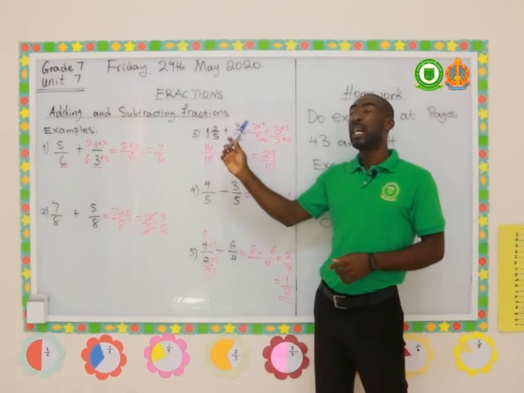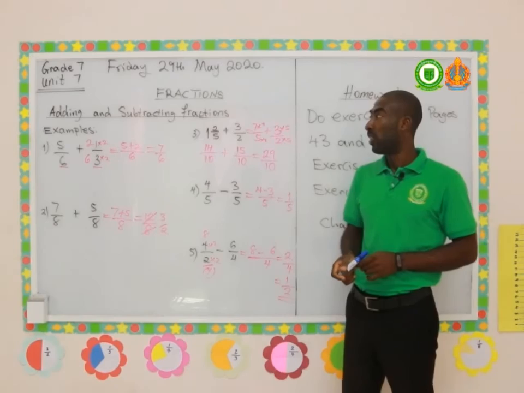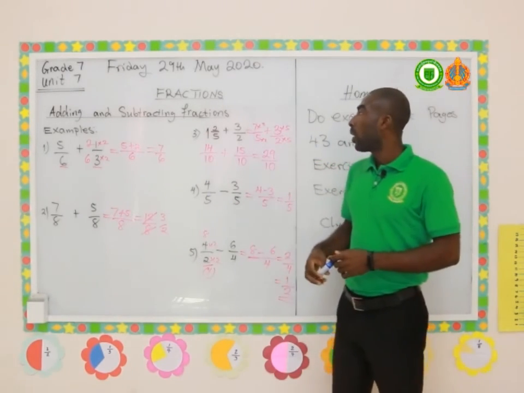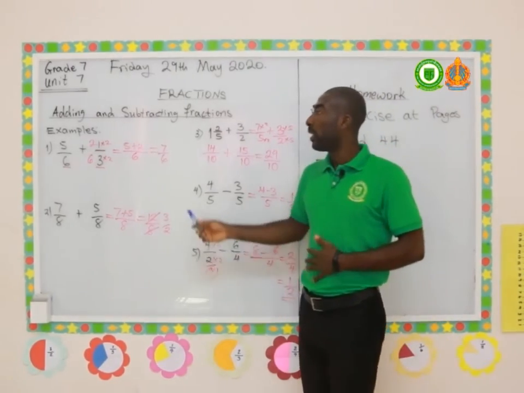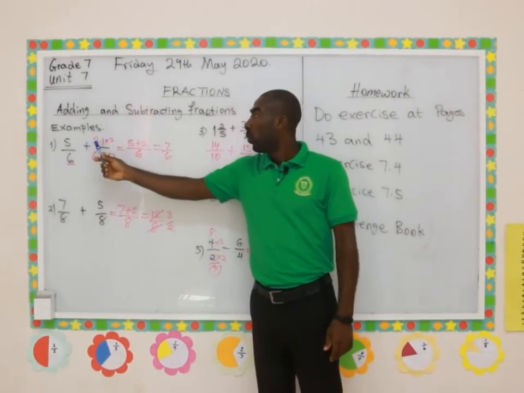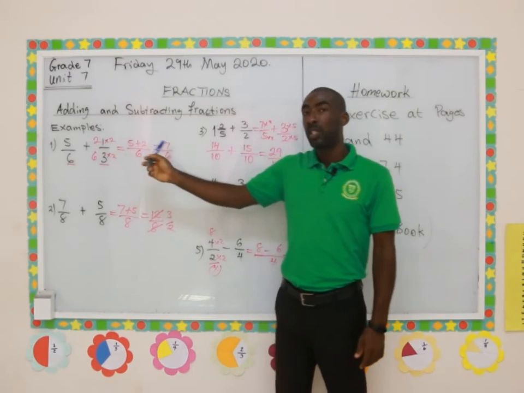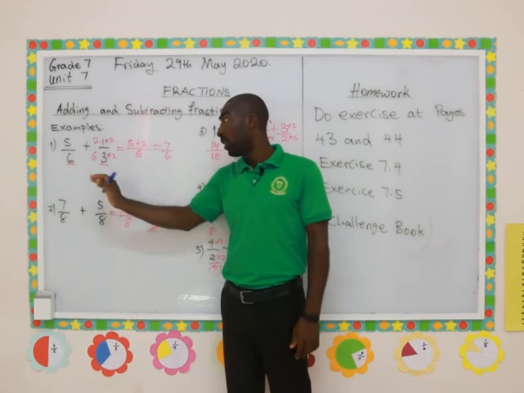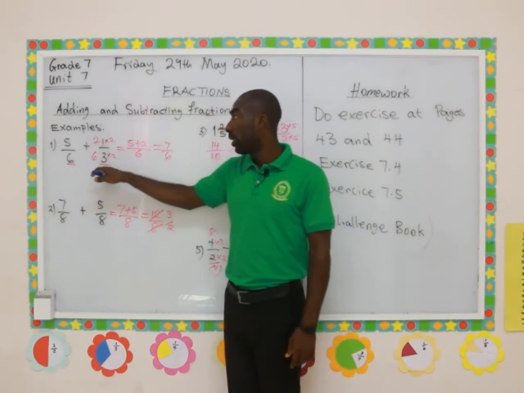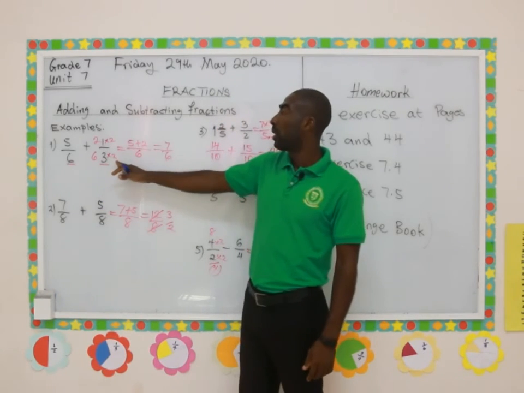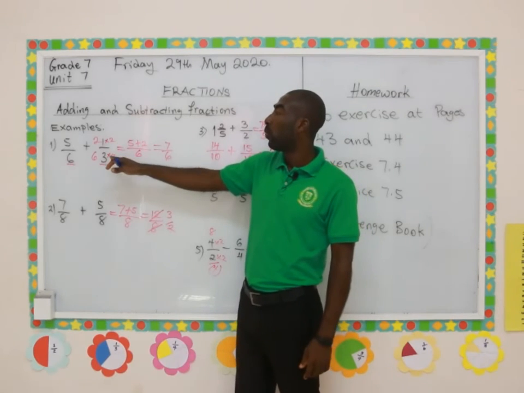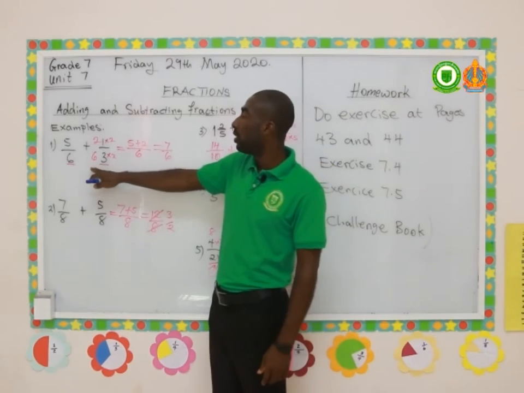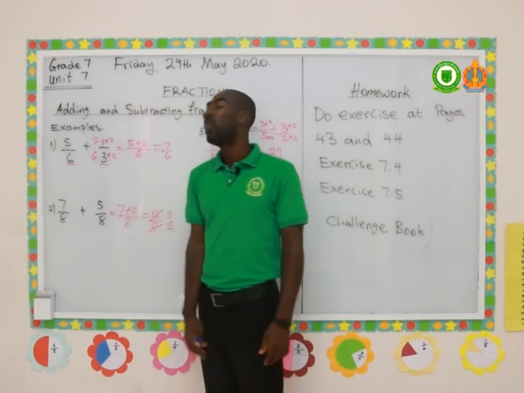Today we have looked at adding and subtracting fractions, and we have done 5 examples of them. We have to remember that whenever we are adding fractions, we add the top numbers, which are the numerators, but our denominators, which are the bottom numbers, are supposed to be the same. So to change them to the same, you look at which numbers you can multiply the denominator and the numerator by, so that it changes to the same as the other fraction.